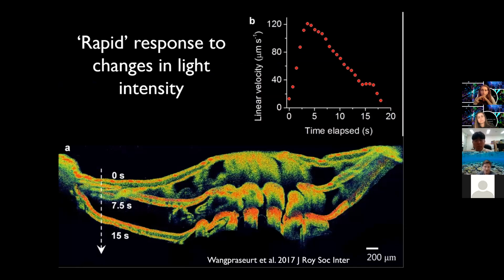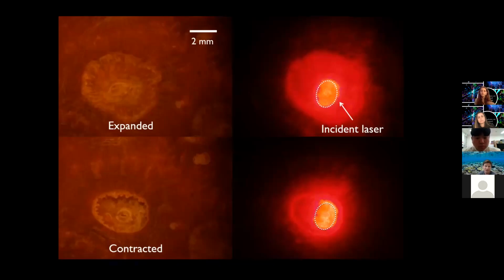So with that, you have an increased scattering. So basically, by changing the tissue arrangement, the coral can control how much light is incident and is being absorbed. So in a way, in the high light, it kind of protects itself. And in the lower light, it expands and optimizes tissue light absorption for photosynthesis.